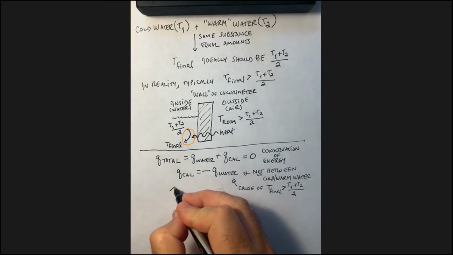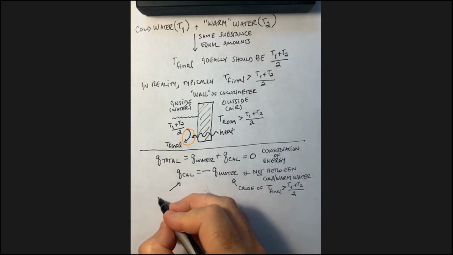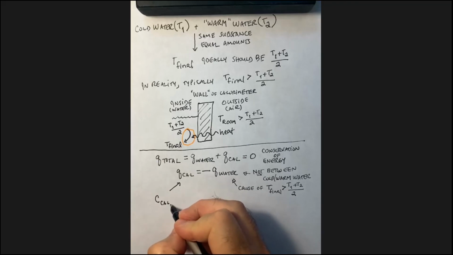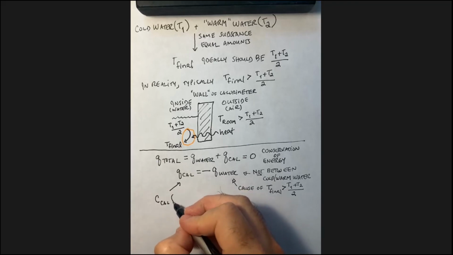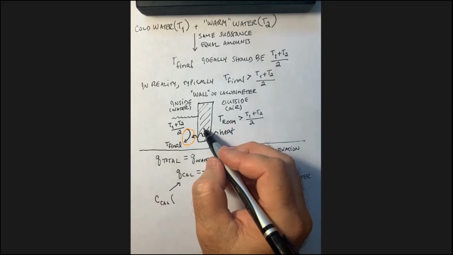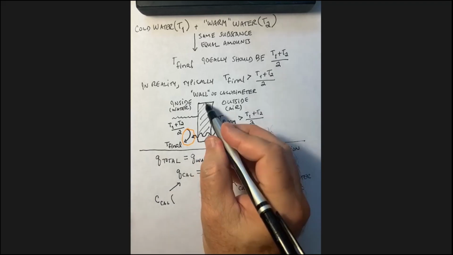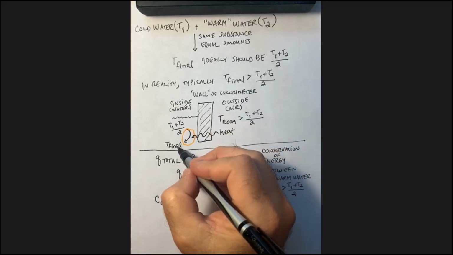Well, as we studied in class, the heat for a calorimeter is based on the heat capacity of the calorimeter times the change in temperature. Well, the change in temperature, excuse me, for the calorimeter started at room temperature, and then when we mixed in the waters, it ended up at T final.